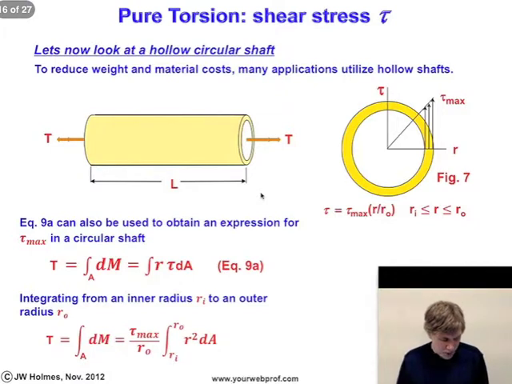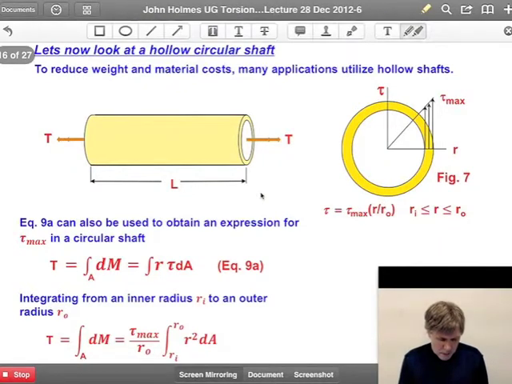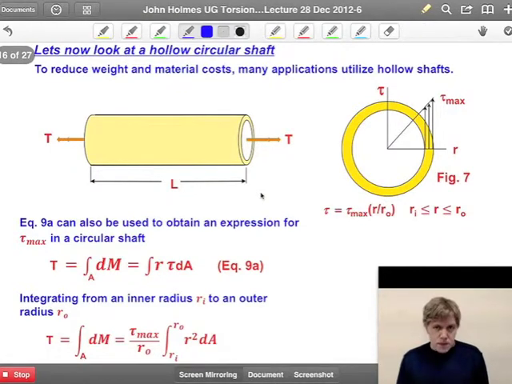But for many applications, a tubular shaft is much more efficient, not only because of the low mass. Remember that these differential moments that are resisting this external torque are related to the shear stress and the moment arm.